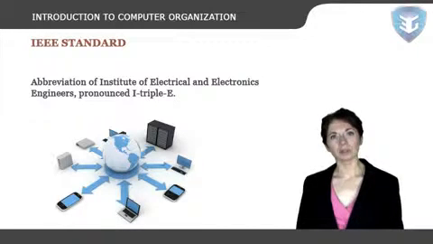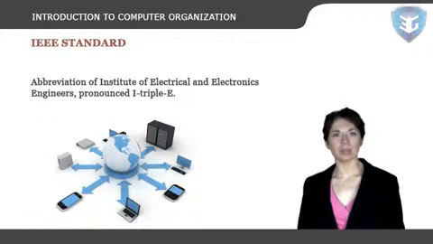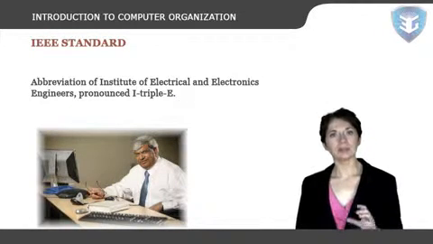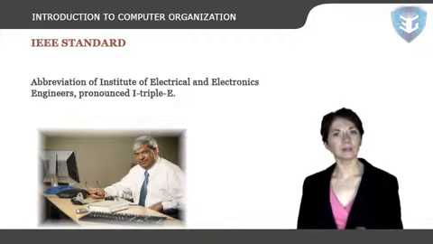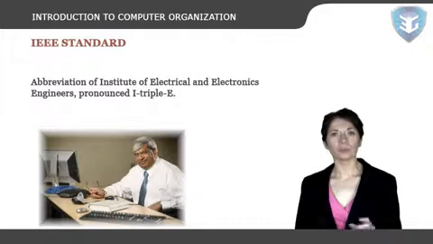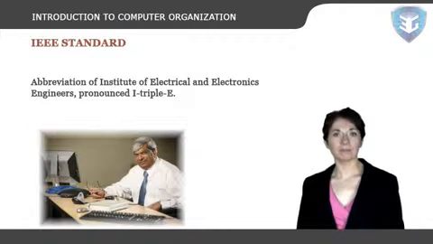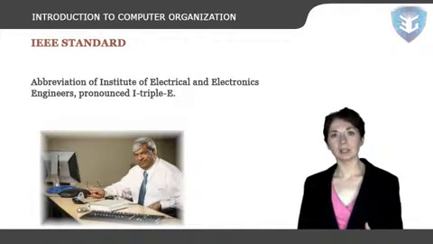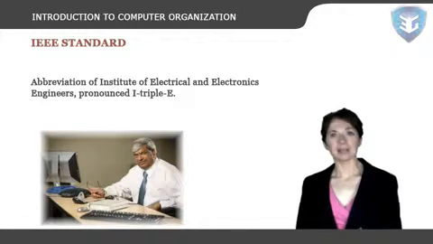In particular, the IEEE 802 standards for local area networks are widely followed. The IEEE has done notable work in the standards area of networking. This organization is huge with over 300,000 members made up of engineers, technicians, scientists, and students in related areas.